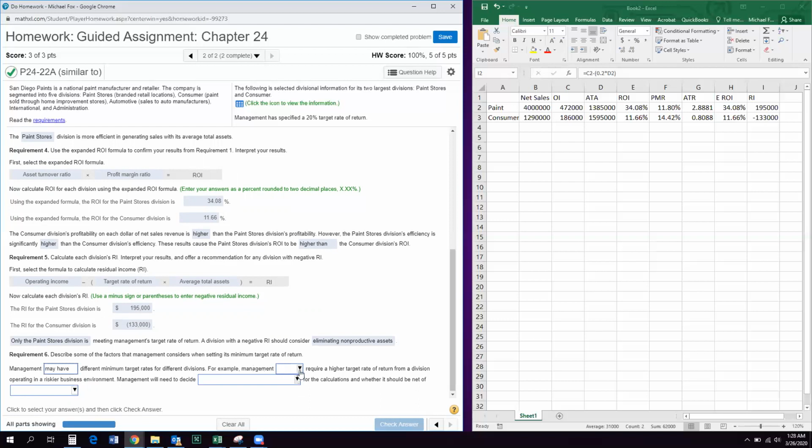For example, management might require a higher target rate of return from a division operating in a riskier business environment. Management will need to decide which assets to include in the total assets for calculations, and whether those assets should be net of accumulated depreciation.